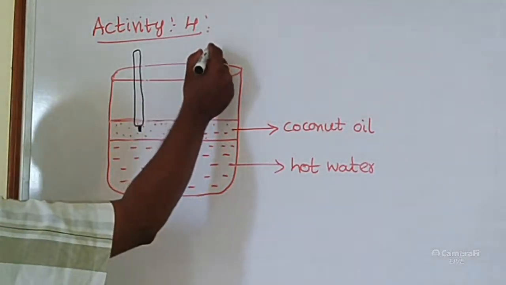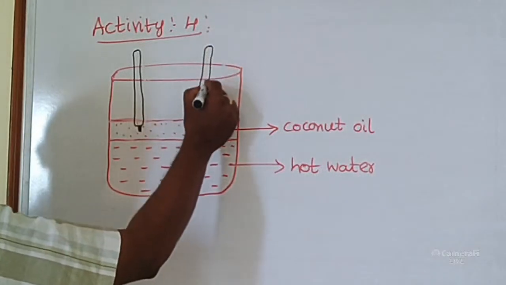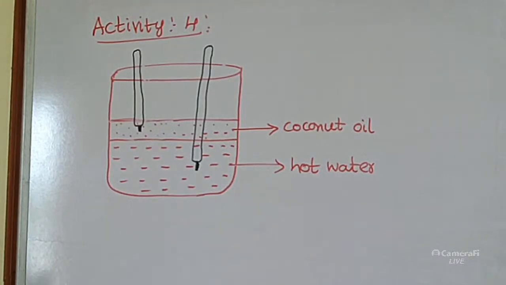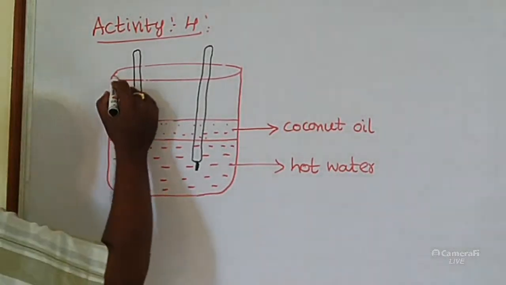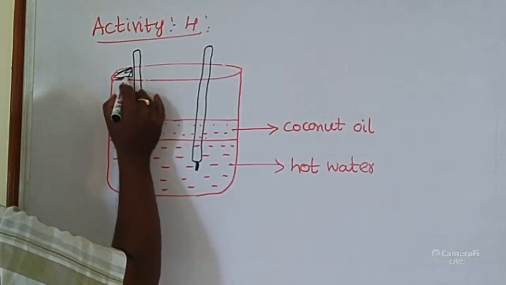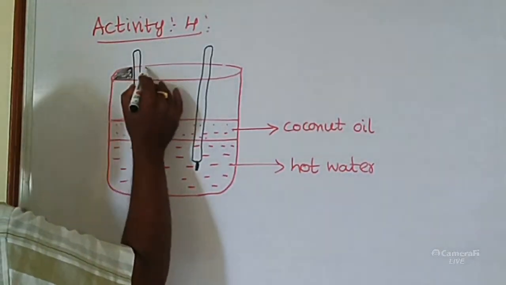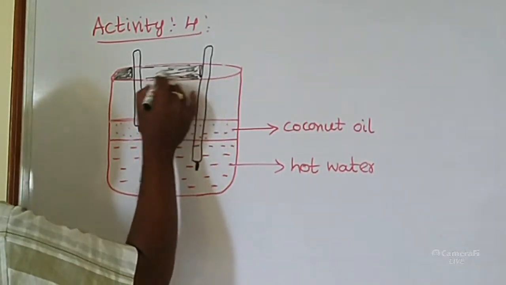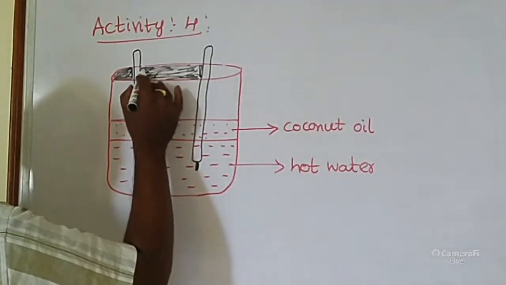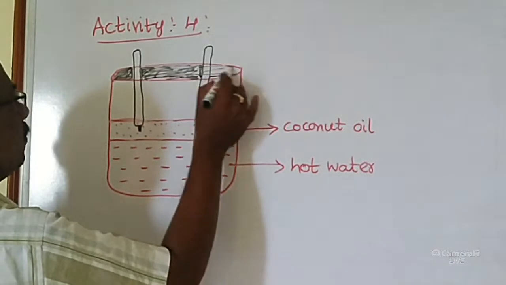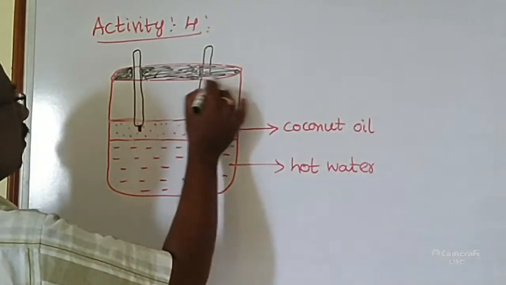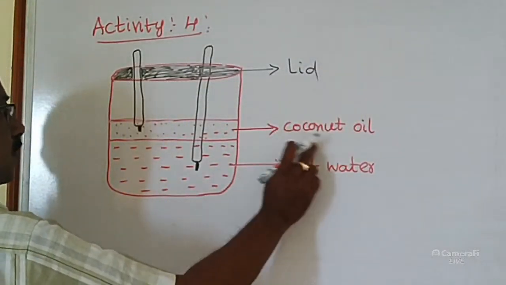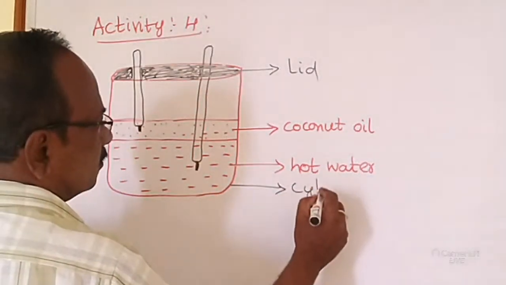Here we should arrange one thermometer, and here one more thermometer. Then close it with a lid. This one is the lid. So this one is hot water, coconut oil, in a cylindrical vessel.